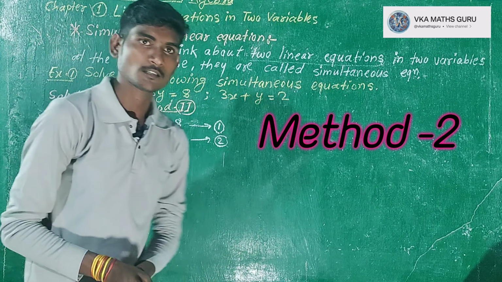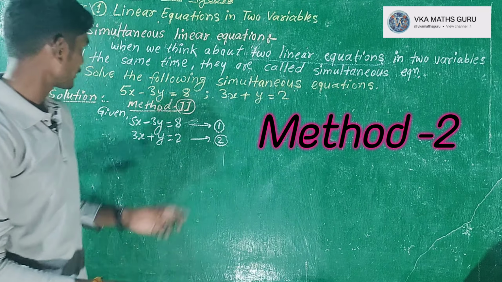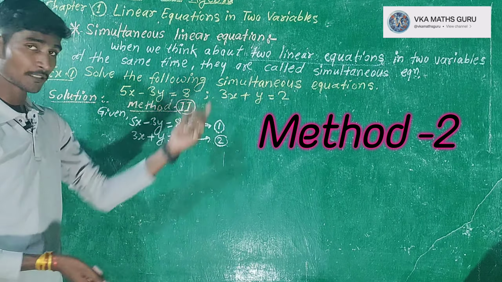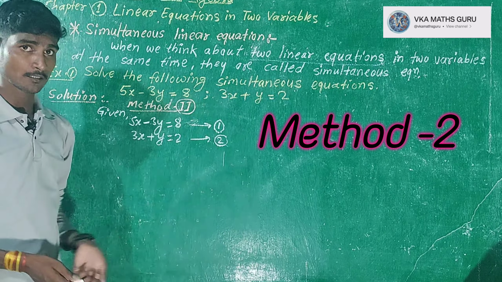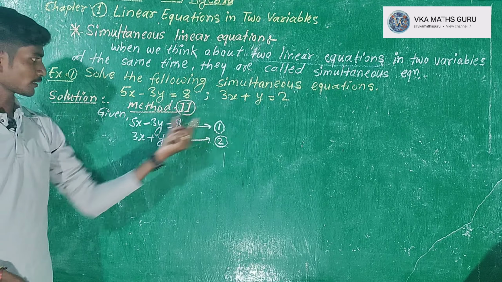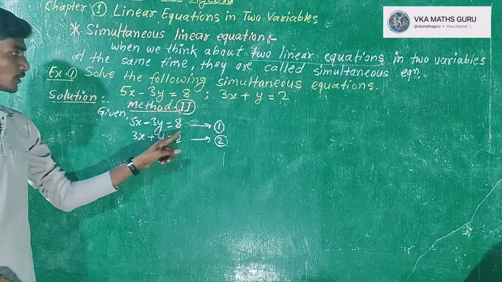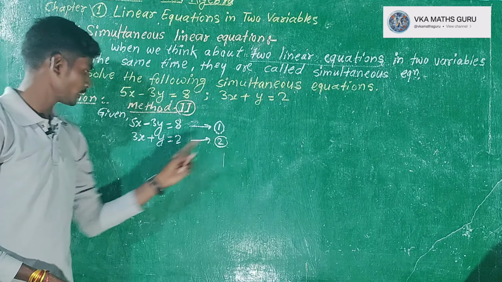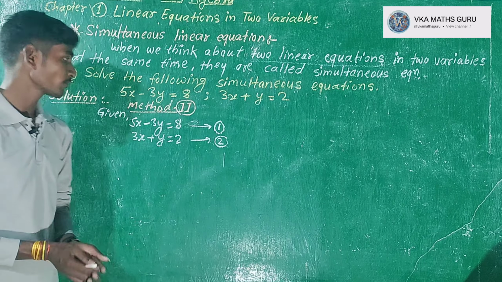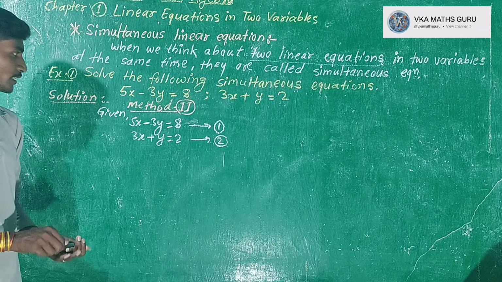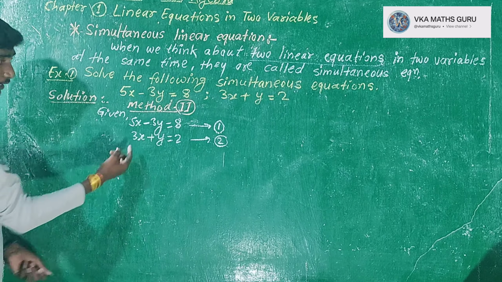We already discussed the method number 1, how to solve the simultaneous equation by method 1. So next we will discuss method number 2. So let's see here. There are two linear equations given, numbered 1 and 2. Now method number 2 says what?